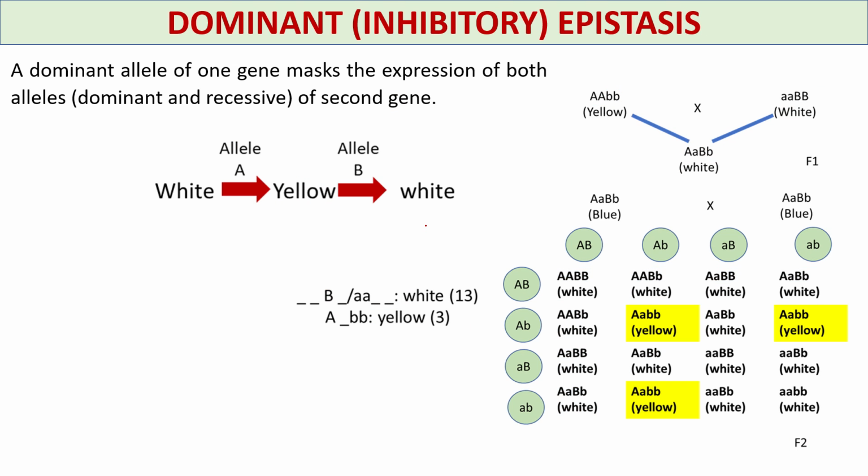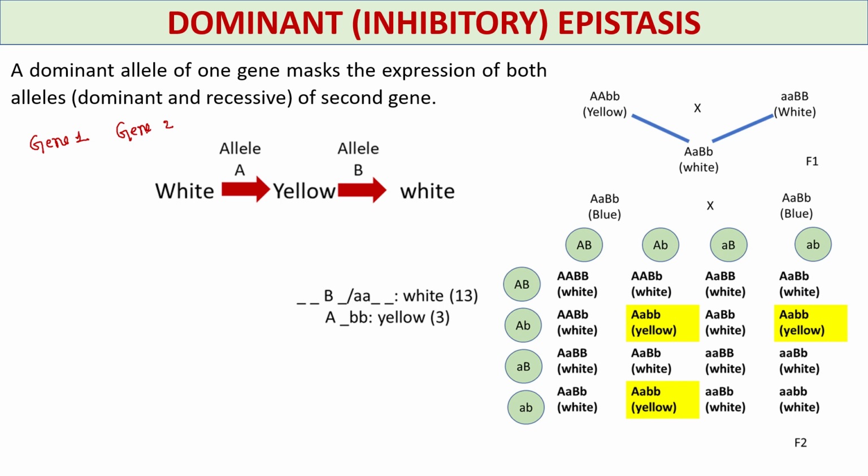Next is dominant inhibitory epistasis. In dominant inhibitory epistasis, a dominant allele of one gene masks the expression of both the dominant and recessive alleles of a second gene. Suppose a plant has two genes, gene 1 and gene 2.